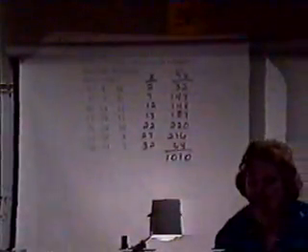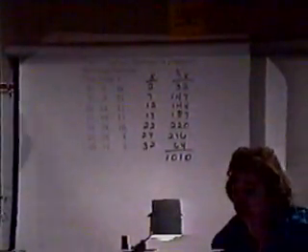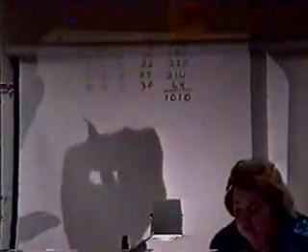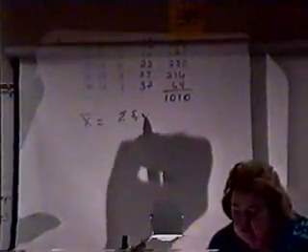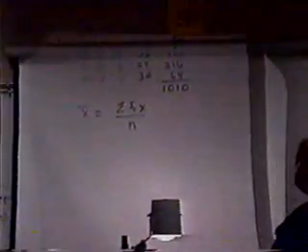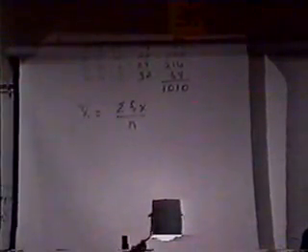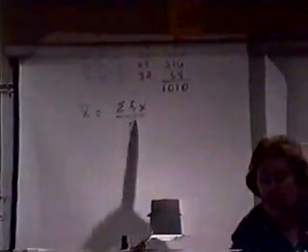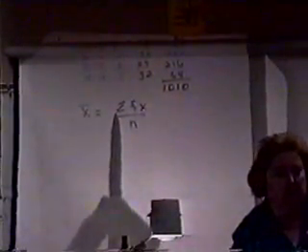Now the formula for finding the mean, and because it's a sample, do I label it x bar or mu? The formula for finding the sample mean says to take the sum of f times x divided by n. Whenever you see a formula that has the summation symbol, you know you're going to have a column called f times x and add that column.